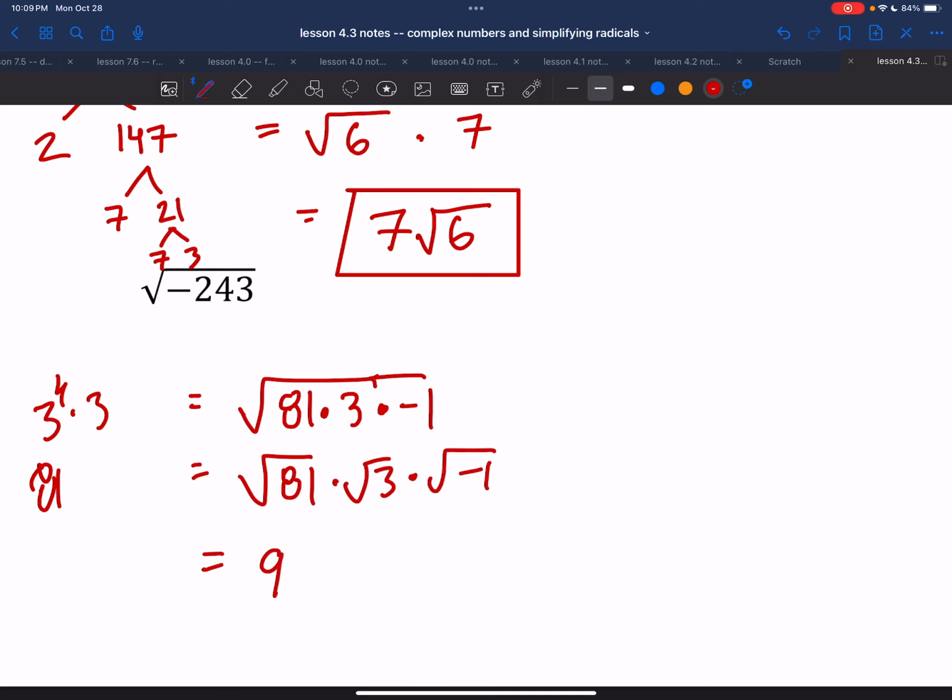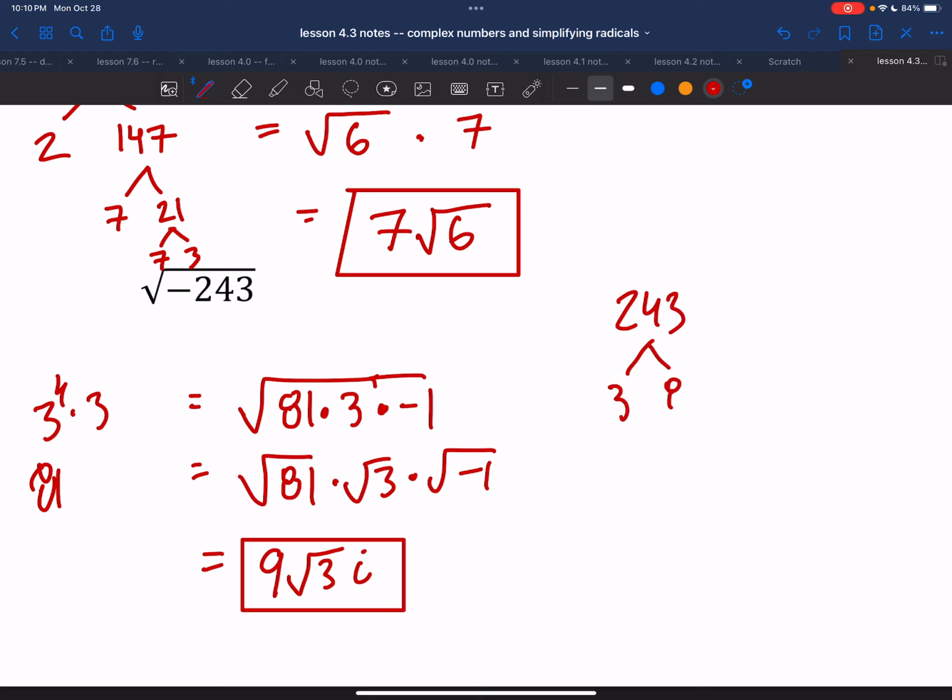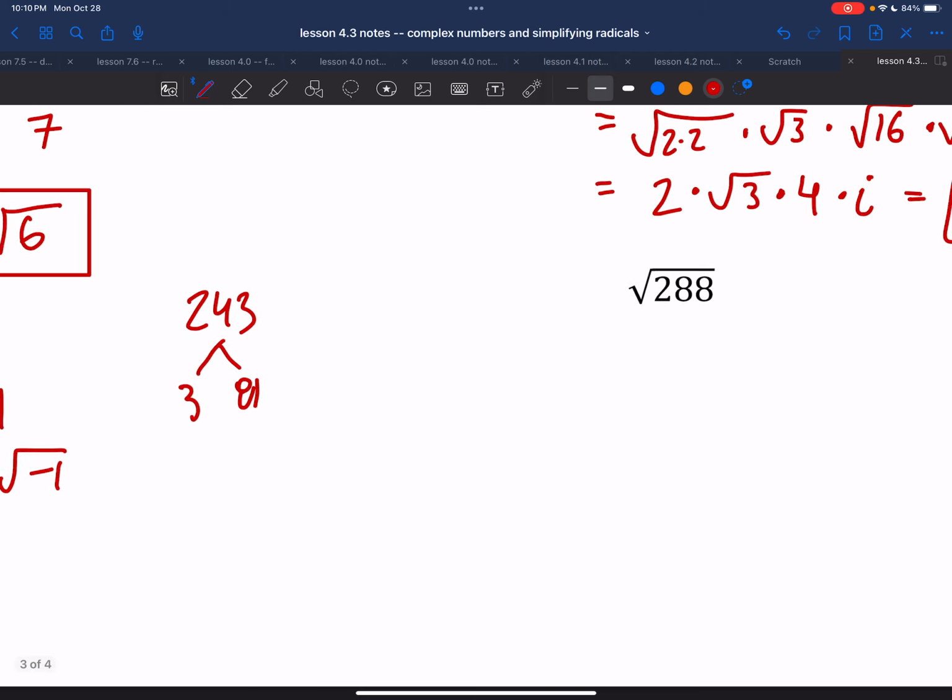Square root of 81 is 9, then root 3, and then root negative 1 is just called i. And you are done. If you didn't see that, you could probably just divide this by 3 from the get-go, and then you would see that it's 81 if you didn't know your powers of 3. It's not essential to know that for that question. So 9 root 3 i. One more.